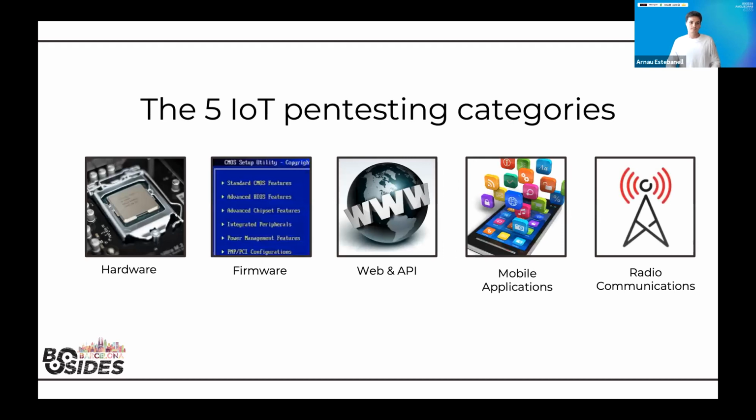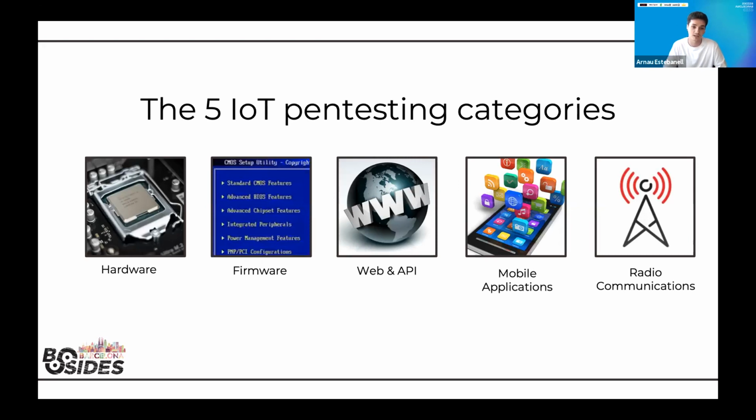Which leads us to the 5 IoT pentesting categories, okay? The way I have divided an IoT pentest is in these 5 categories. So essentially you have the hardware, which would be the physical security of the controller, but also have they left the built-in interfaces that can be accessed by an attacker?